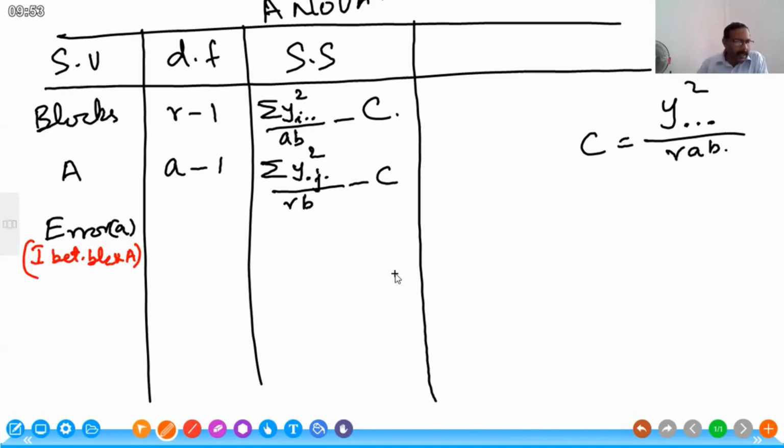This will be given as r minus 1 into a minus 1 in the degrees of freedom.